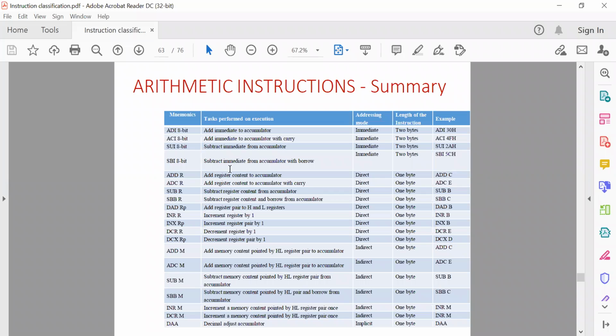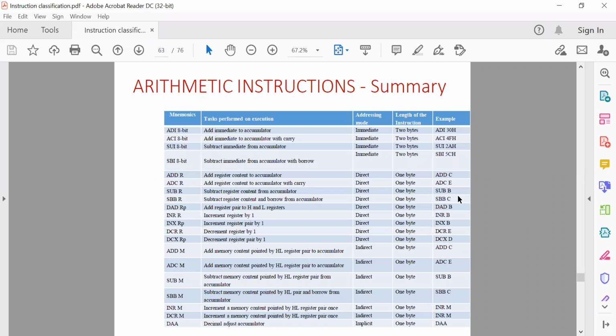Clear? In the same way, for the subtraction operation, it will be written as sub B, meaning A minus B, and the result will be stored into the A register. If it is written as sub C, it means A minus C, the result stored into A. If it is written as sub D, A minus D. So this addition and subtraction will always be performed with the accumulator content.